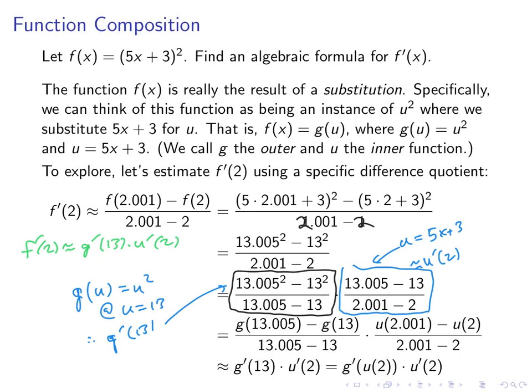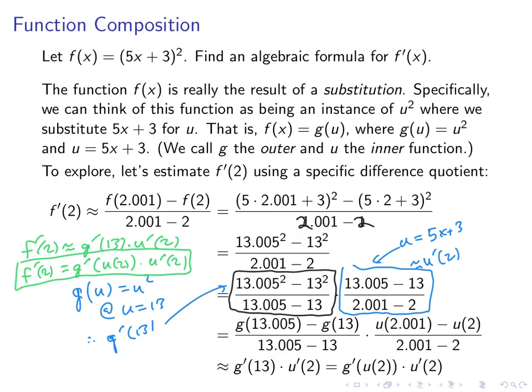But where did 13 come from? Well, remember 13 is the result of putting 2 into u. And so ultimately we say this is g prime of u of 2, u of 2 is equal to 13, times u prime of 2. And so this is the chain rule in all of its glory.